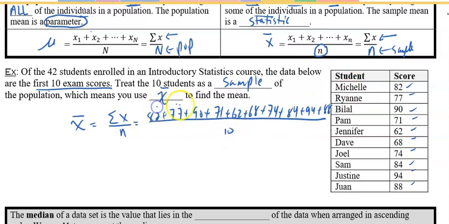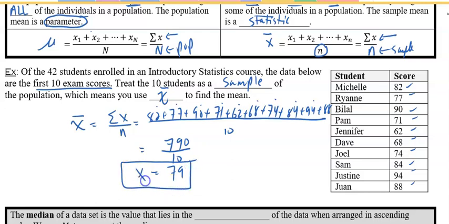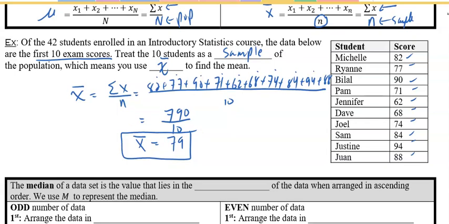Let me count: 1, 2, 3, 4, 5, 6, 7, 8, 9, 10. Perfect. You plug this in a calculator, that turns out to be 790 divided by 10, which is 79. The sample mean, or the sample average, for those 10 scores is 79%.